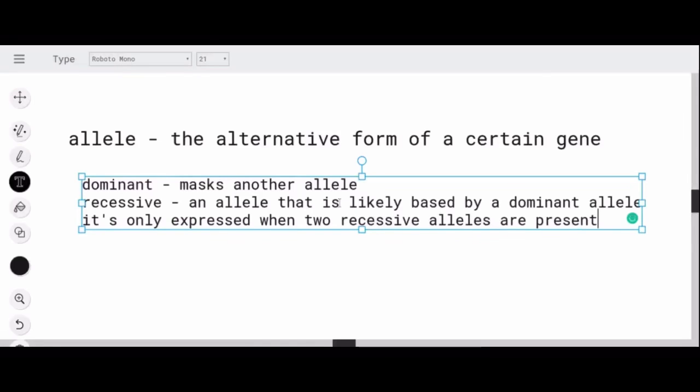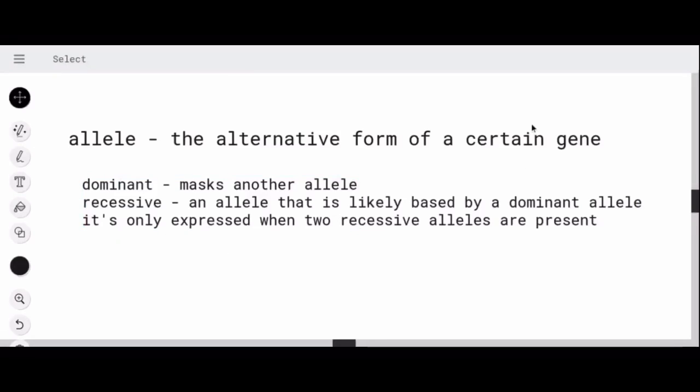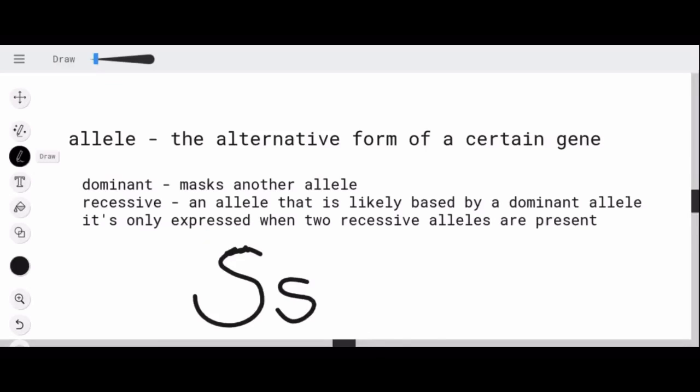Because if a dominant allele isn't present, you can't follow that law of dominance. A capital letter typically means it's a dominant trait, meaning no matter what, it's expressed until it's not there. You have something called a recessive trait, which is usually notated with a lowercase letter. And so usually your pairs look like this.